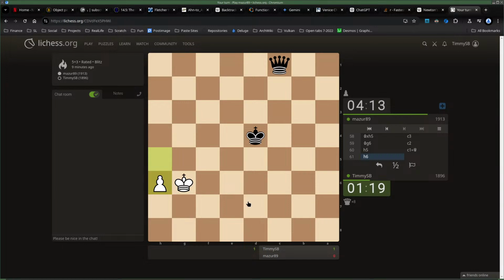How does one win this? I have to move my queen here, but it's not entirely possible in one move. I think it's quite easy though. I have to keep giving checks, so at least the pawn doesn't advance.